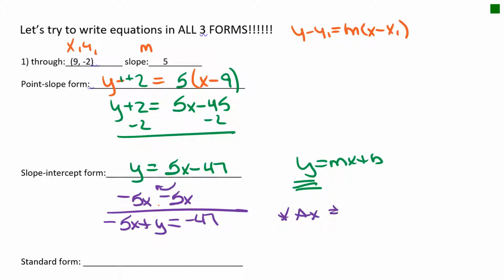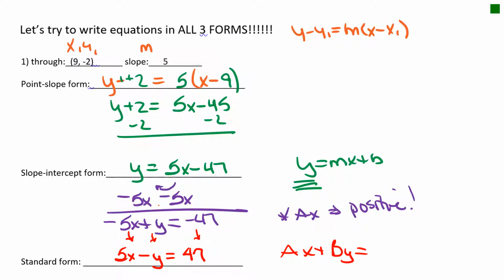The ax has to be positive. So we're going to do that op thing. Opposite of negative 5x is positive 5x. Opposite of positive y is negative y. Opposite of negative 47 is positive 47. Ax plus by equals c.